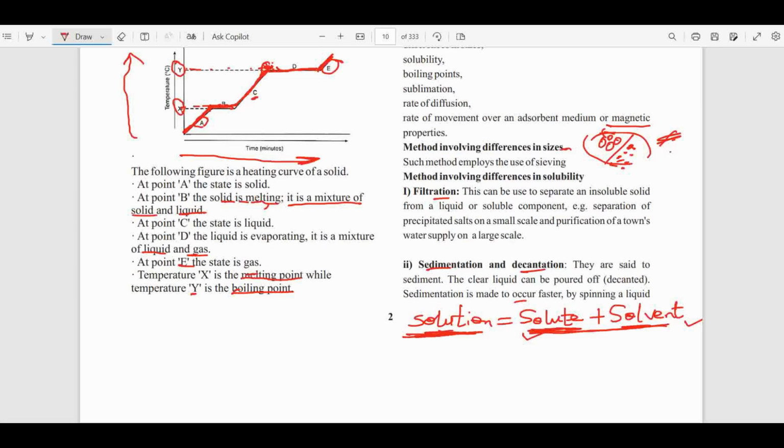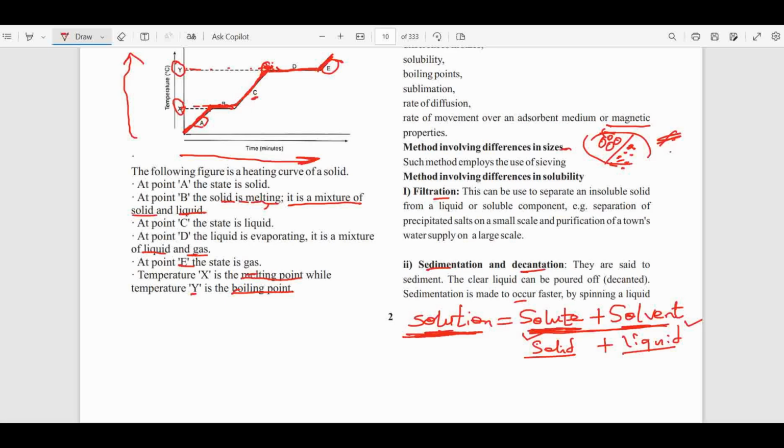For example, filtration can be used to separate an insoluble solid from a liquid. So you have the solid, for example, as your solute, and you have your liquid as the solvent. You may want to take out this solid from this liquid, and you can then use the method of filtration.